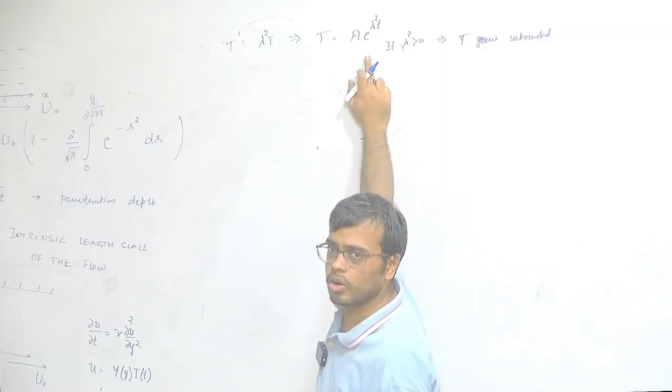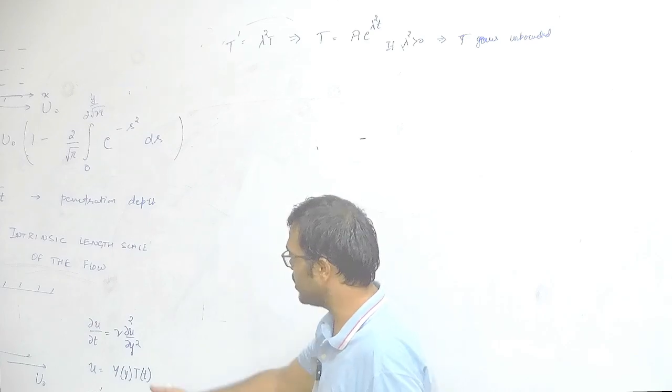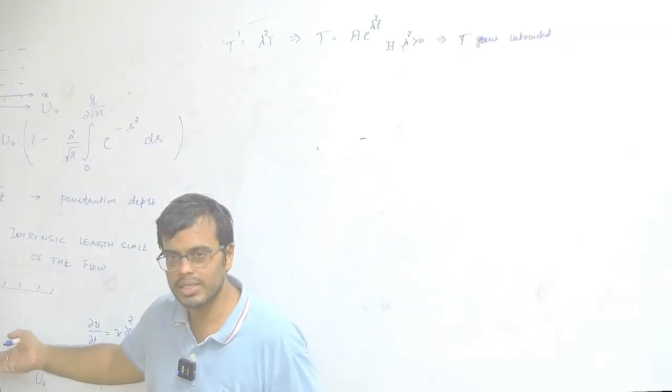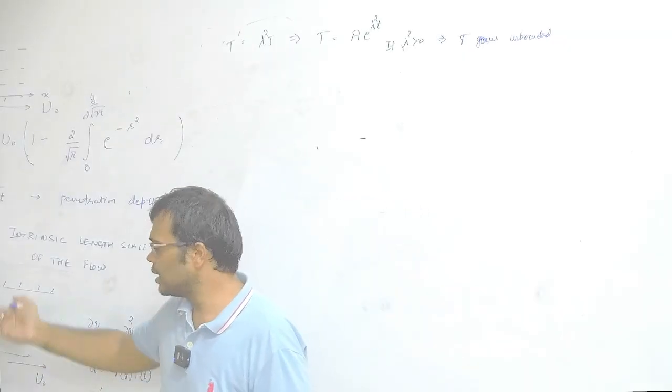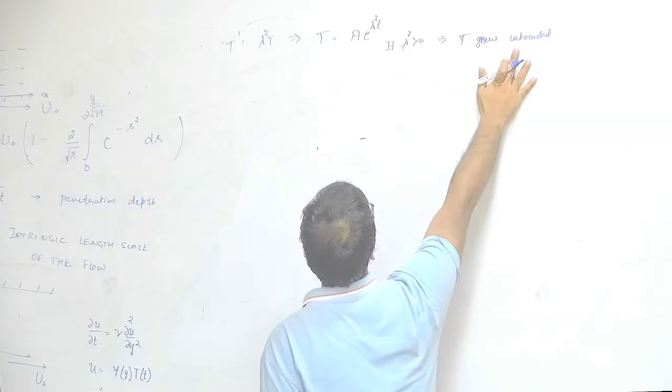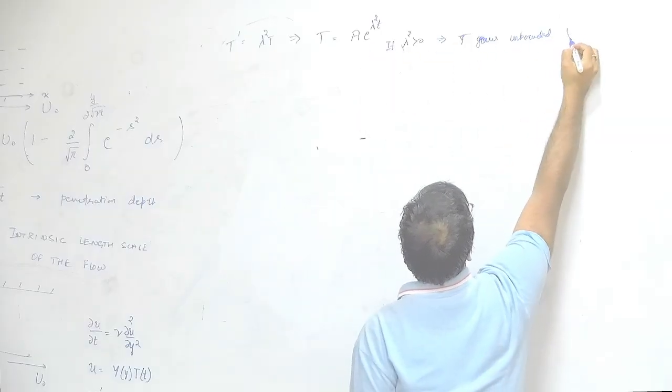We cannot have an infinite velocity in such a situation; this is a physically unrealizable situation. So lambda square greater than 0 is not a valid case.